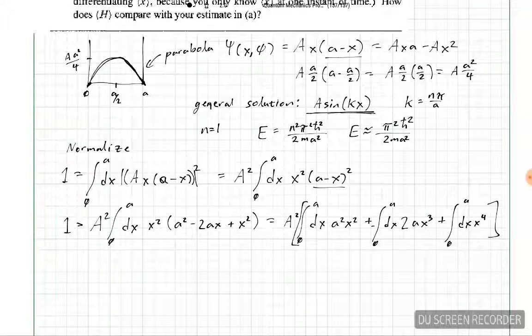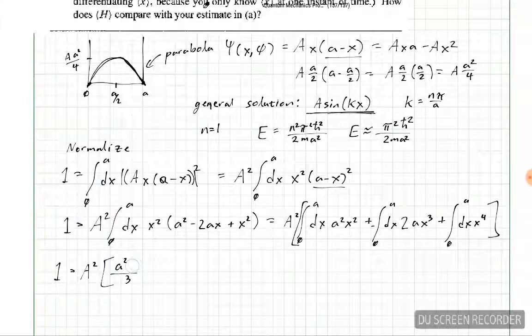So those are all fairly straightforward integrals to do. As you can see, they're all going to give us the same units because we have our space dimension to the 4th, space dimension to the 4th, space dimension to the 4th. So I have my a squared out in front. My first integral, I have a squared here, and then x squared, that's going to give me x to the 3rd over 3.